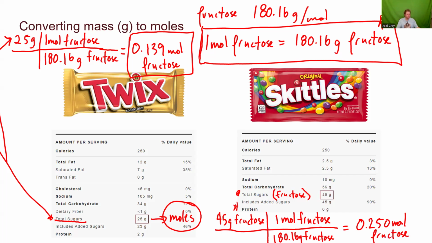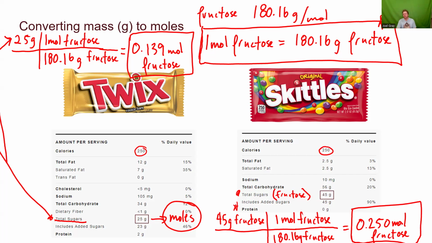So I've got 0.25 moles of fructose in a bag of Skittles compared to 0.139 moles of fructose in a Twix. Now, you might, just for scratching an itch and closing a book in your mind, note that these Twix bars amount to 250 calories and Skittles, whoa, 250 calories also.